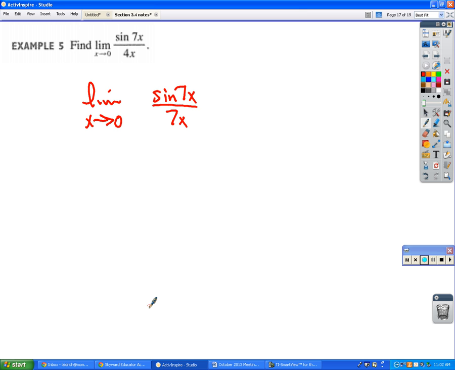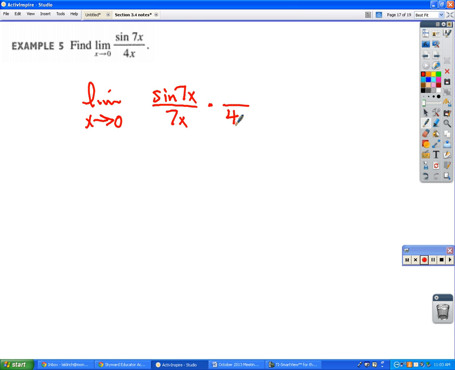But I can't just randomly change this 4 to a 7 and say the answer is now 1, right? So what did I multiply this fraction by to change it into this? The 4 is still on the bottom, but I'm just going to write it over here instead.